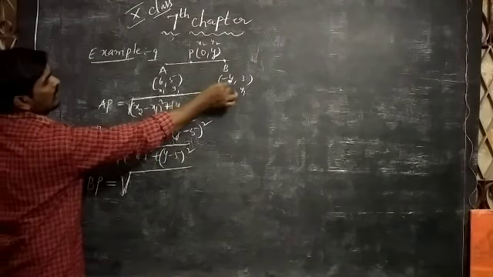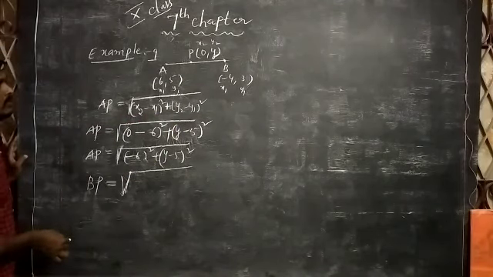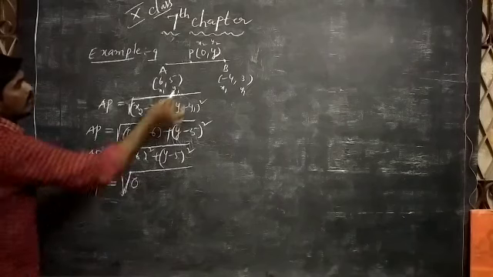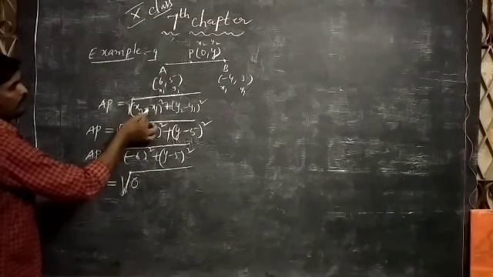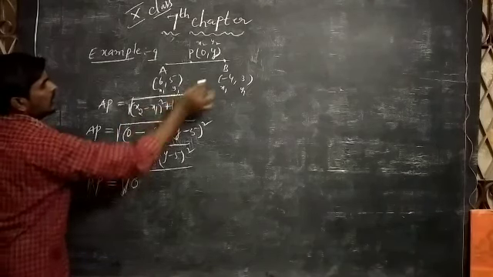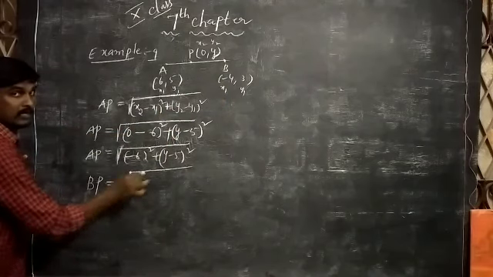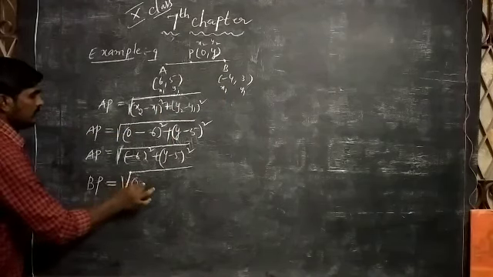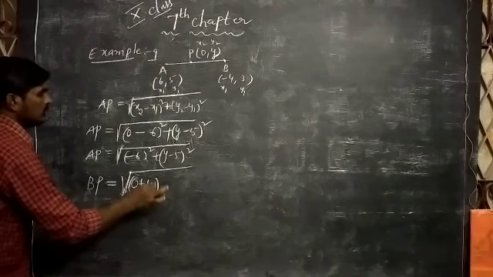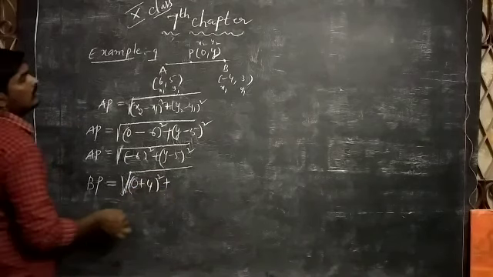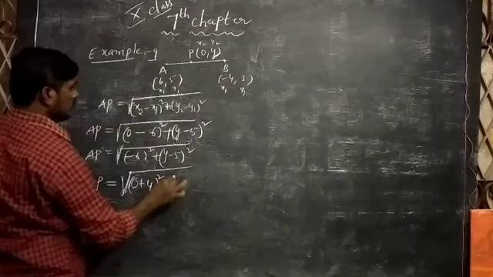Where a minus number is there, first observe it, then write. Minus into minus is plus, otherwise you can also write minus of minus 4. So 0 plus 4 whole squared plus (y minus 3) whole squared.